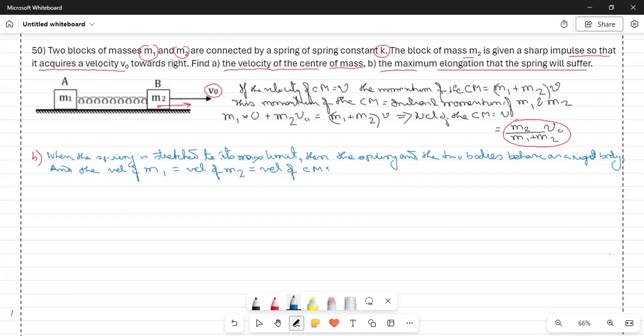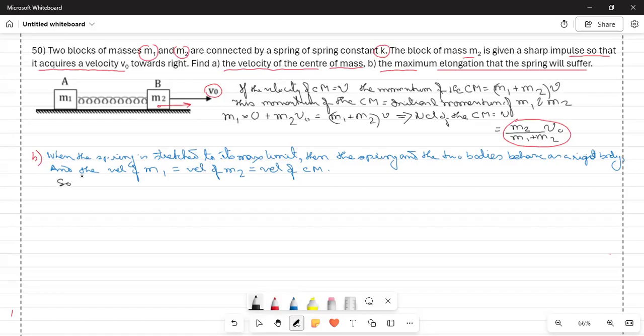So all the velocities are the same, right? This is a very important argument here. Now, what is the velocity of the center of mass? The velocity of the center of mass has already been obtained as M2 by M1 plus M2 times V0.